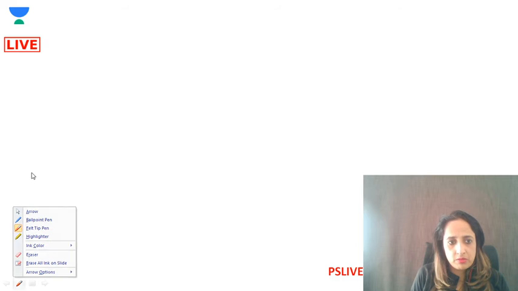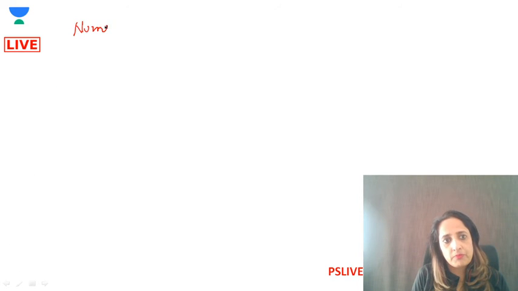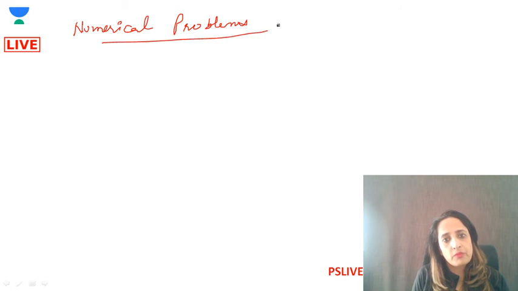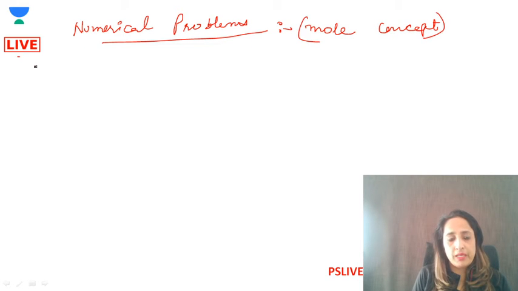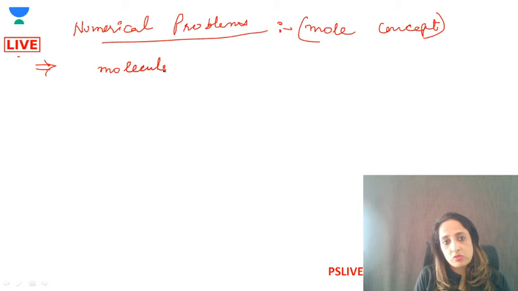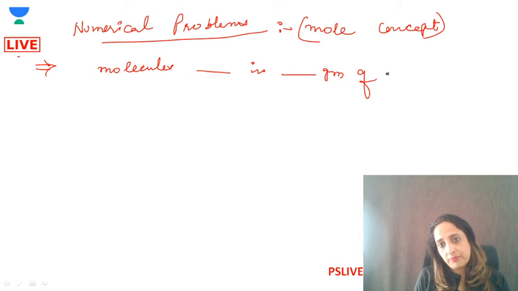So now, before I end this session, let's try a couple of numericals on the mole concept, because we still have some time. Majorly, the numericals that you get from this concept are like this: the problem will say how many molecules will be there in these many grams of an element or compound, and they will mention the name of that.